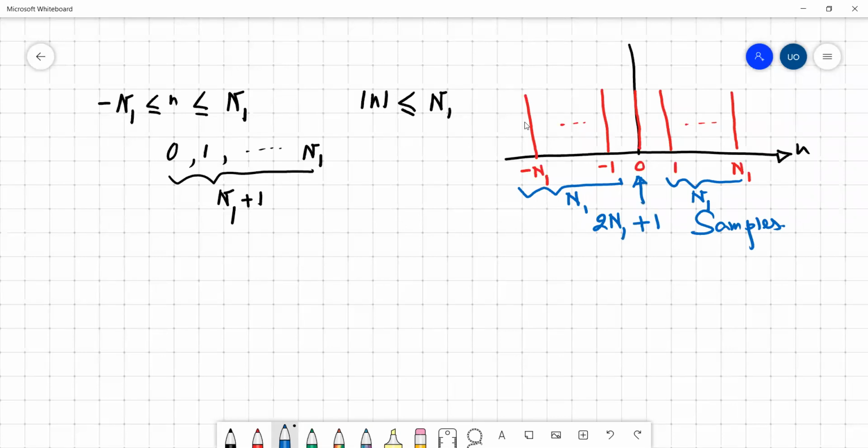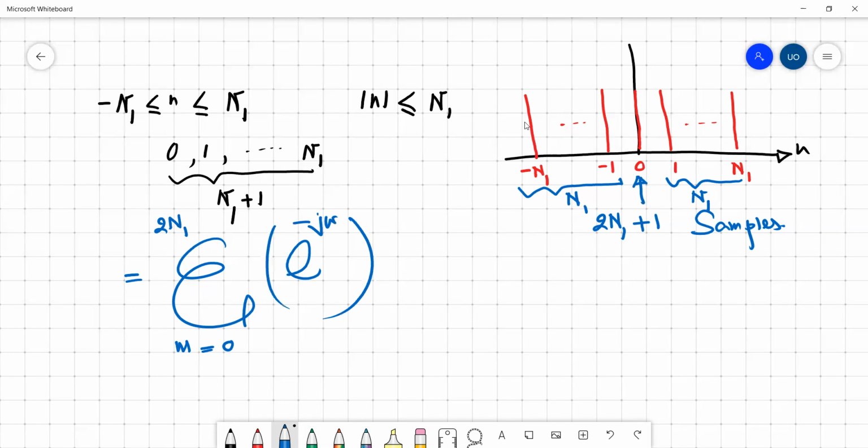Okay, the last step. We have this index summation, where m goes from 0 to 2N1, and here we have e to the power minus j omega, to the power m. This is actually a geometric series, and you need to find the sum of how many terms.